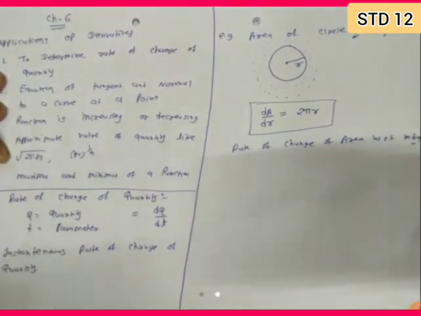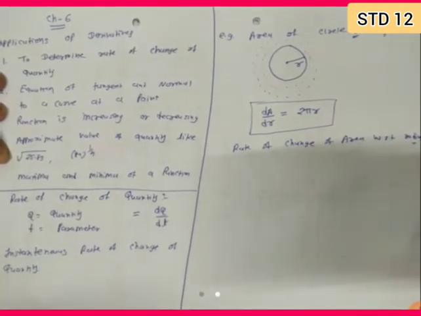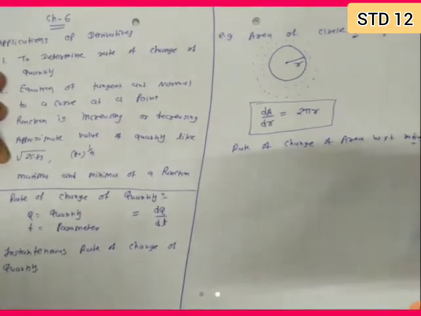Clear? So this is known as rate of change of quantity. Here our area is the quantity and radius is the parameter on which area depends. As radius changes, the area of the circle will change.